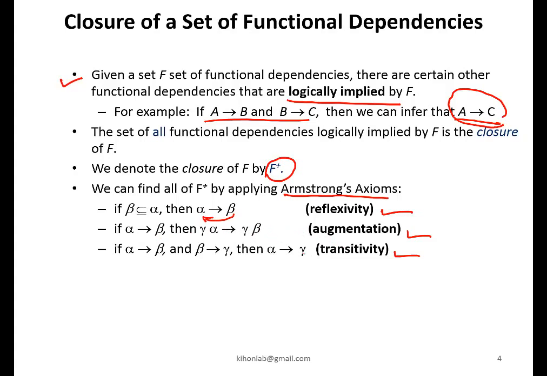And transitivity: alpha derives beta and beta derives gamma, then alpha derives gamma. These three axioms are most important to get the closure of a set of functional dependency.